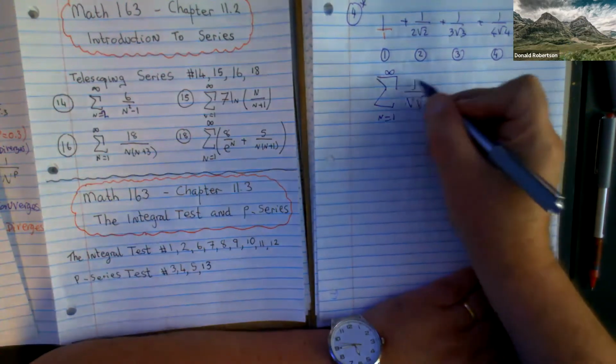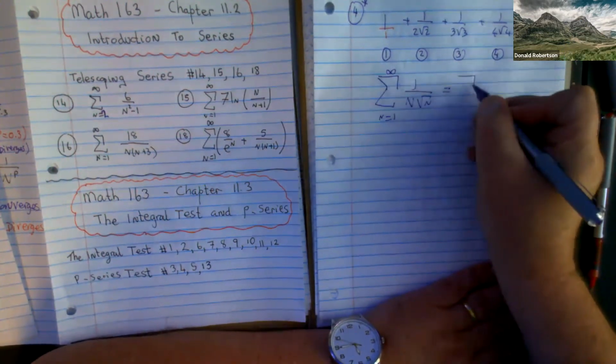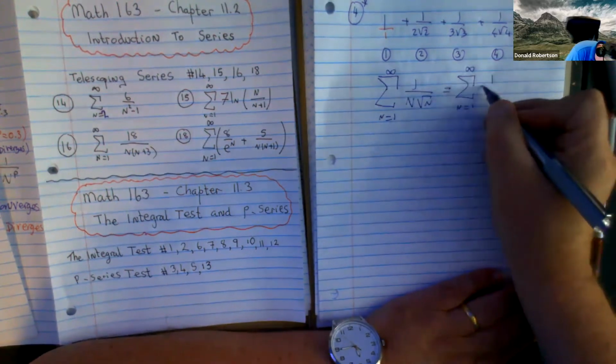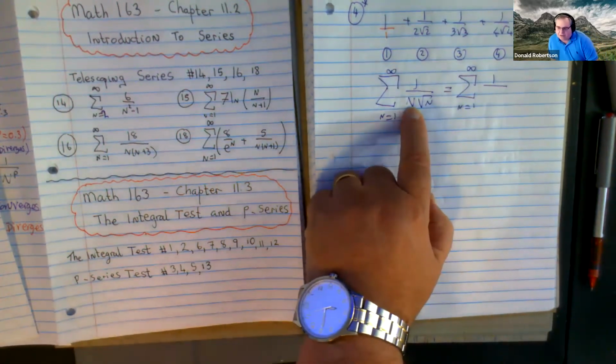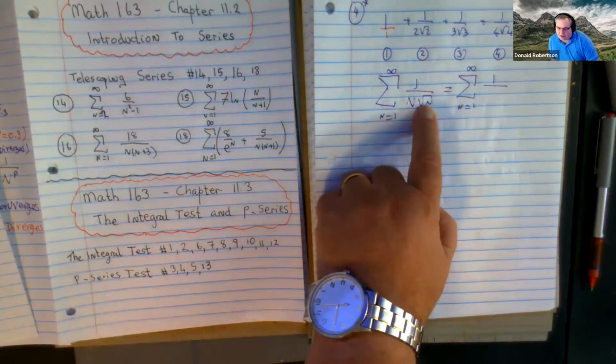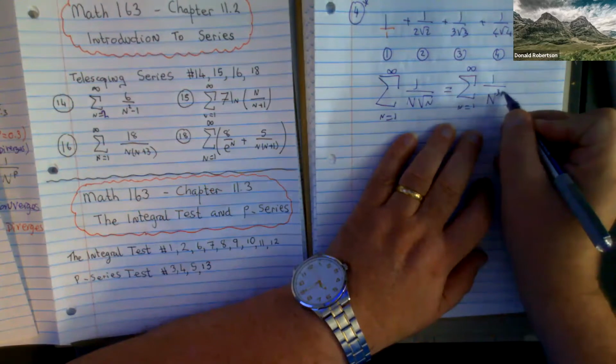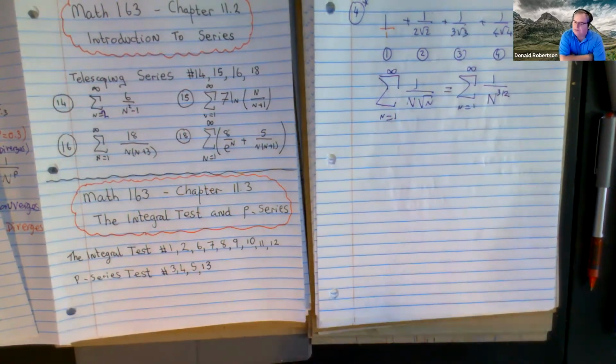Of course, I need to do just a little bit of algebra on that to make it in a form that I can use a p-series on it. That's basically n to the 1. That's n to the half. If you multiply them together, you get n to the 3 halves. Are we okay with that algebra? n root n gets you n to the power of 3 halves.